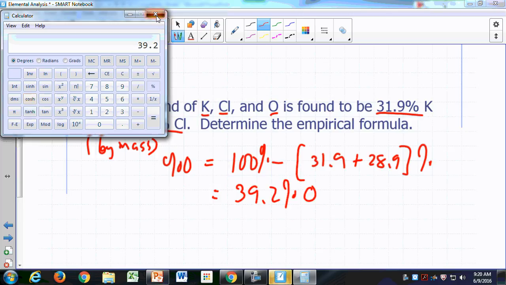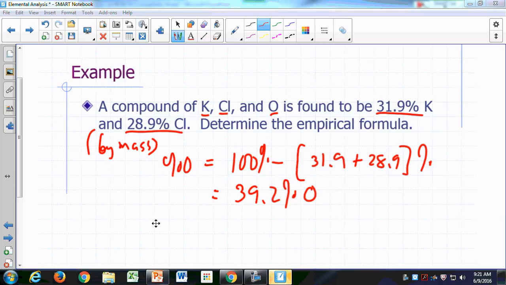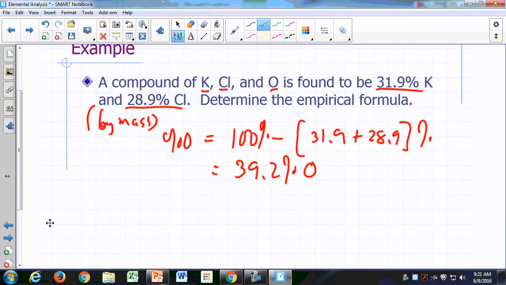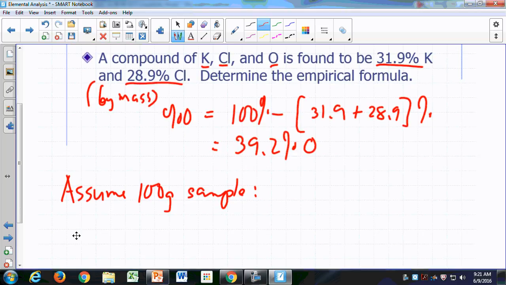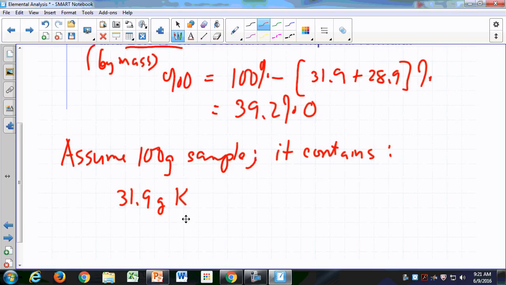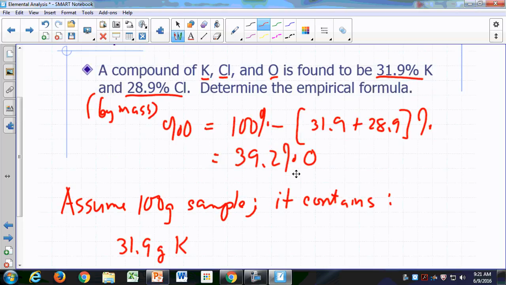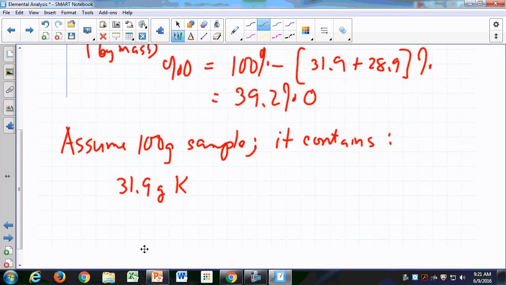That means any sample of this compound would have these percentages. So to make things easy for us, let's assume you have 100 grams. It doesn't really matter how many grams you assume. Based on that, that sample is going to contain 31.9 grams of potassium, since if potassium is 31.9%, it's 31.9 grams in 100 grams.